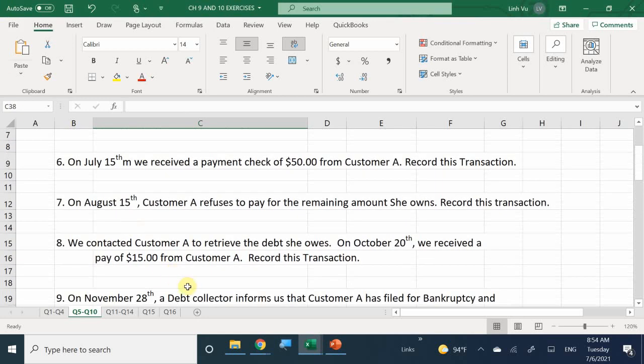So then number 7, on August 15, customer A refuses to pay for the remaining amount that she owes. How are we going to record this?